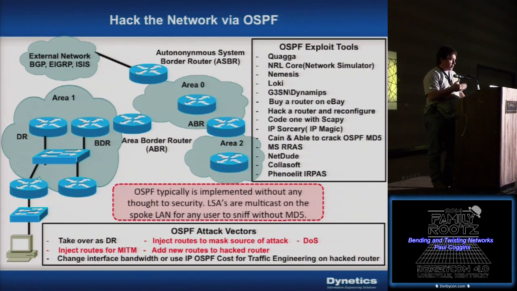Very easy. Dynamips would be just as easy, but if you don't have a copy of Cisco router code, the Navy CORE environment, I'll keep going back to, is cool. You could roll your own with something like Scapy if you've got some Python skills. But there's no reason we couldn't inject routes. If it's inside your rules of engagement, my rules of engagement, denial of service is always off the table, and I'm not into doing DoS.